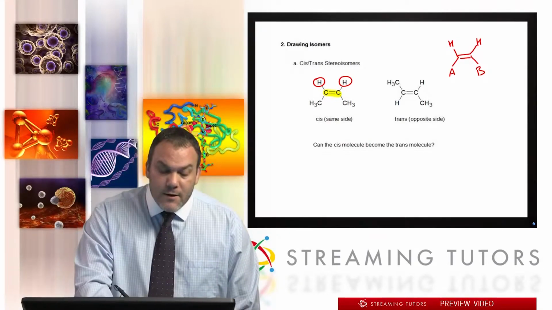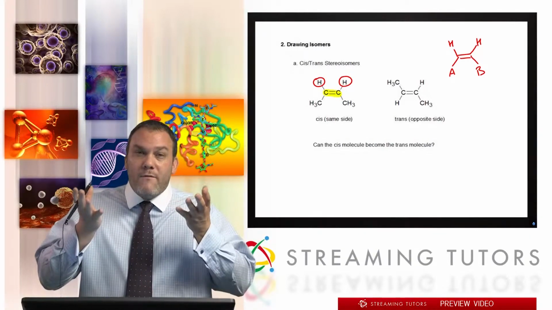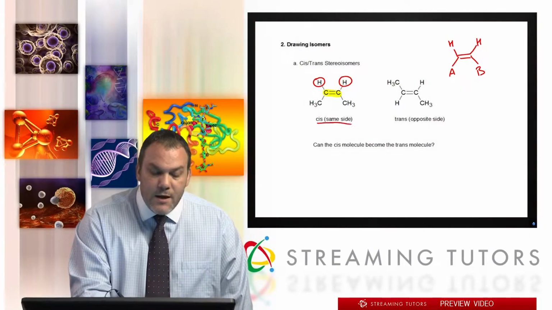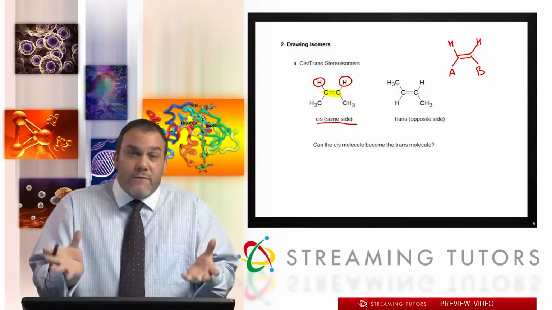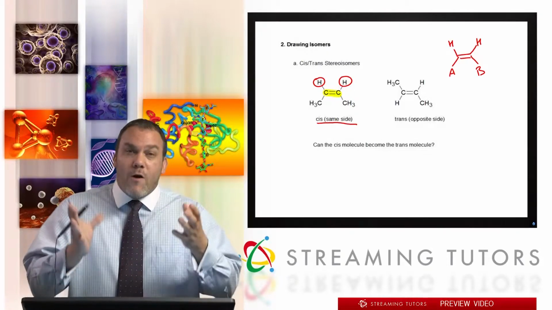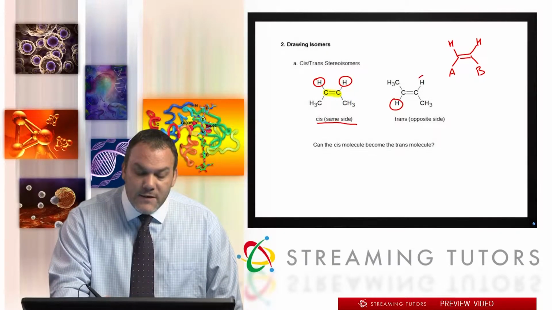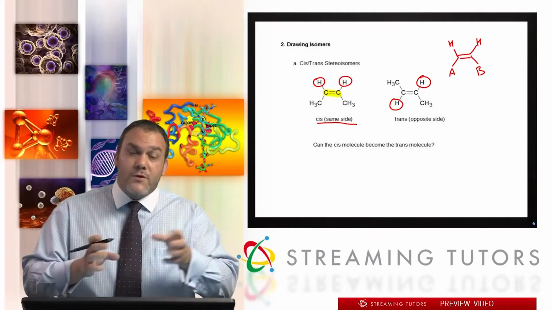So look at the H's or look at the AB part. In this case here, since I already circled the H's, notice how the H's are both up above and there's no rotation, right? So this is known as cis because the group of reference, either the 2 H's or whatever other 2 groups that they give you, are on the same side. Now, notice how here the H and this H are on opposite sides. And that means that the other 2 groups, the methyls, are on opposite sides.